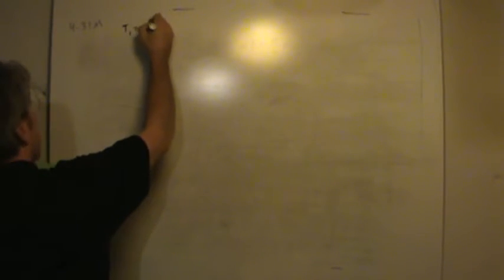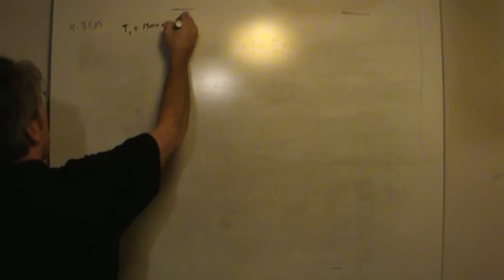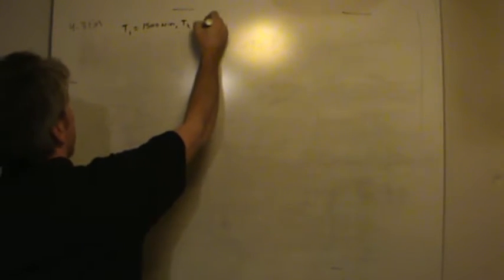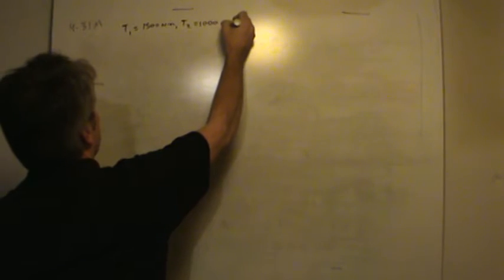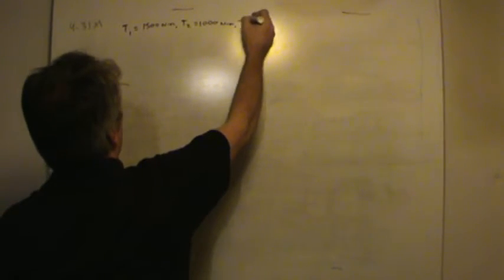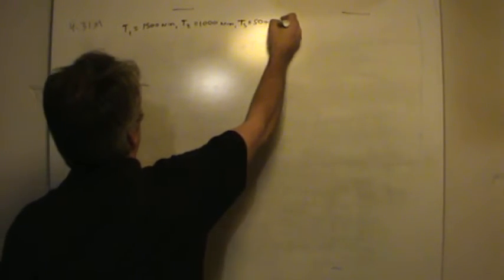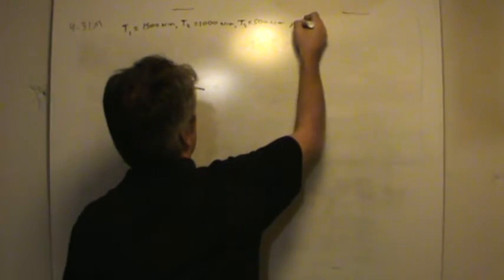T1, 1500 newton meters. T2, 1000 newton meters. T3, 500 newton meters. This is a steel shaft.